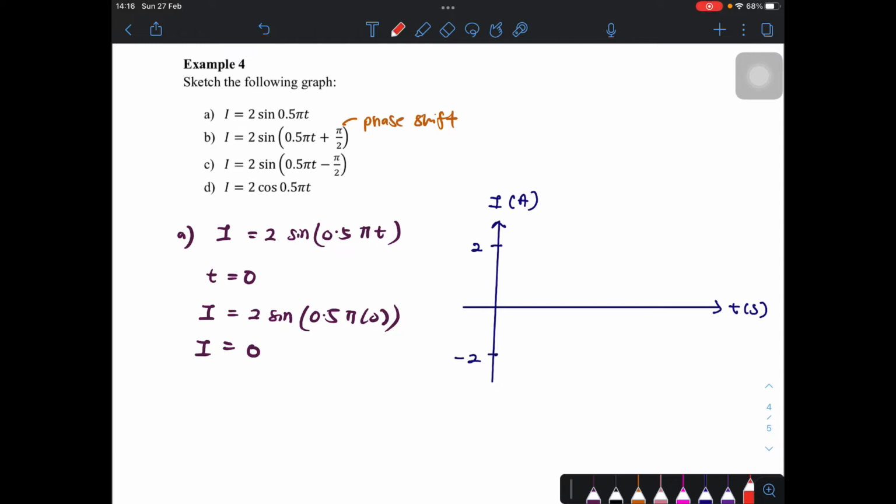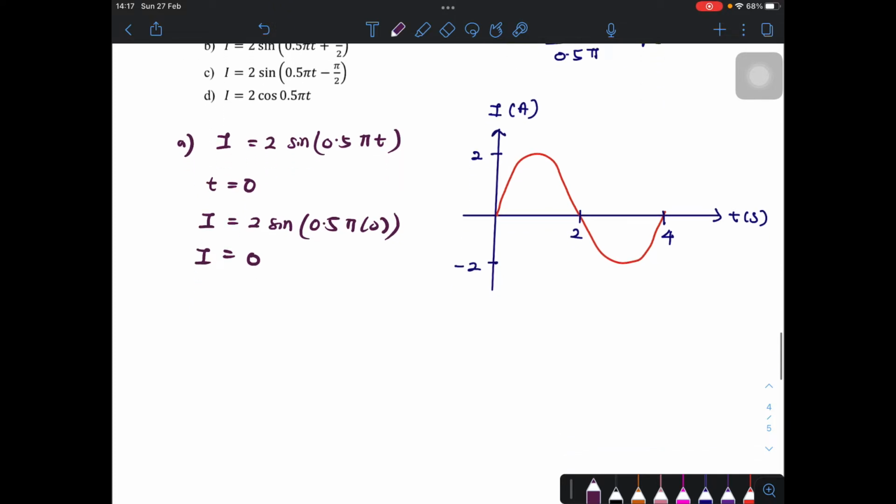So start daripada kosong, and then just sketch one complete cycle. So dekat sini is the value for t. So we need to find what is the value for t, the period. So omega 0.5 pi, period will be 2 pi divided by 0.5 pi, which is equal to 4 seconds. So here 4, this will be 2 seconds.